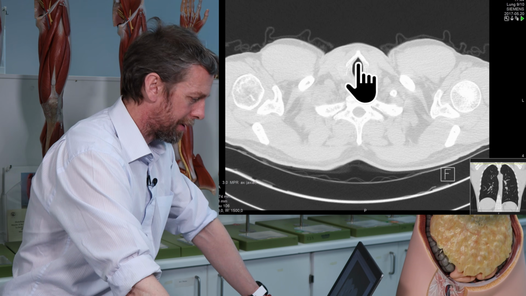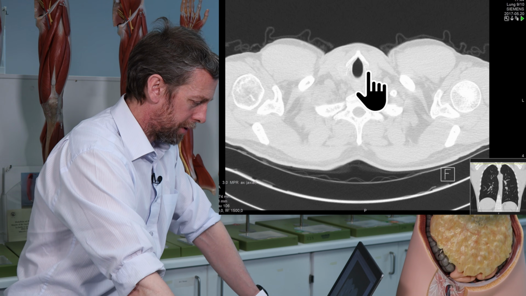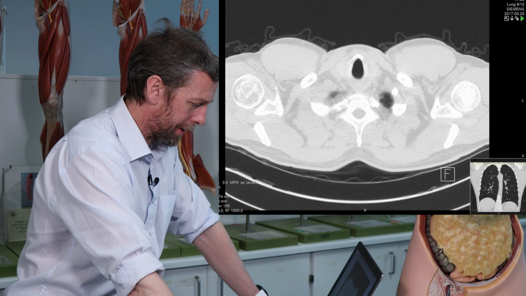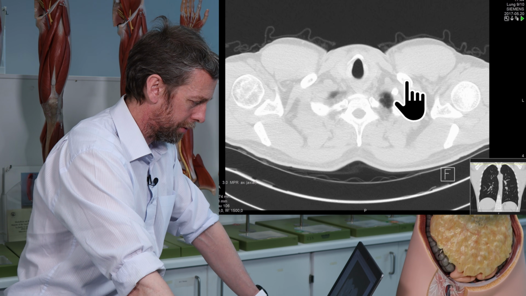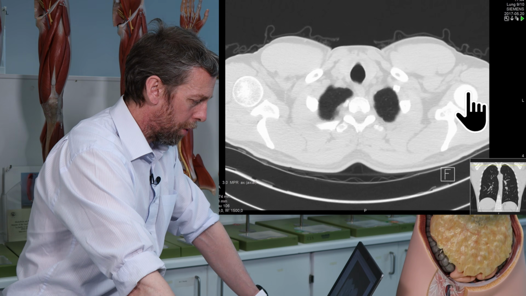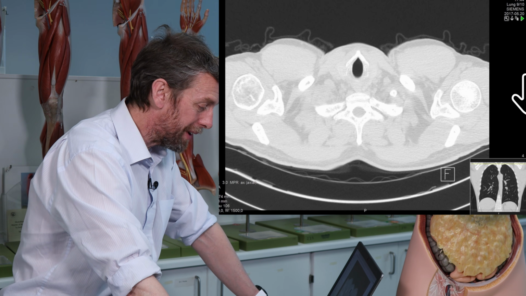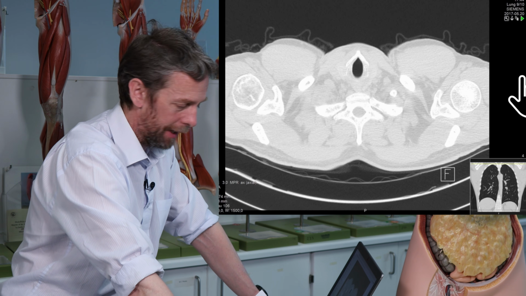And we've got this black tube here, and we're up at the level of the start of the neck, because we can see the clavicles here. So what is this airspace, do you think?